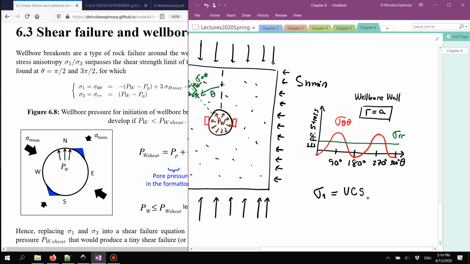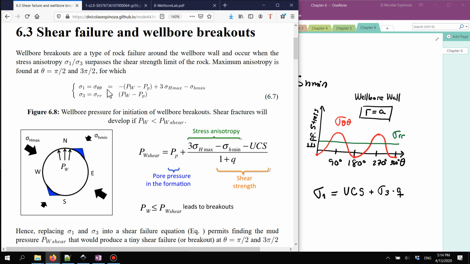It's going to be the unconfined compression strength plus sigma 3 times Q. If I, in this case, take as sigma 3 the radial stress at this point and sigma 1 to be the hoop stress, this is going to translate into these equations as this.